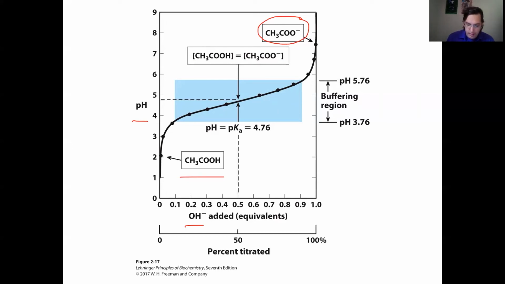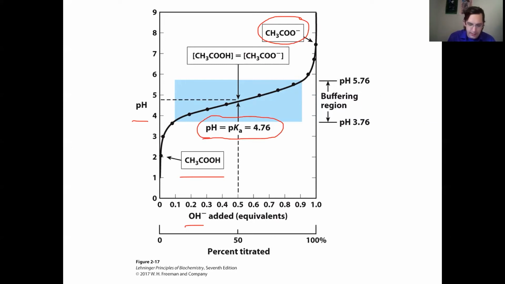As we add our base, so if we add half as much of our strong base as we have of our weak acid, we're going to react half of our acetic acid to our conjugate base. So we'll have exactly half of our weak acid and half of our conjugate base right here in the middle. Now this point is always going to be equal to our pKa.